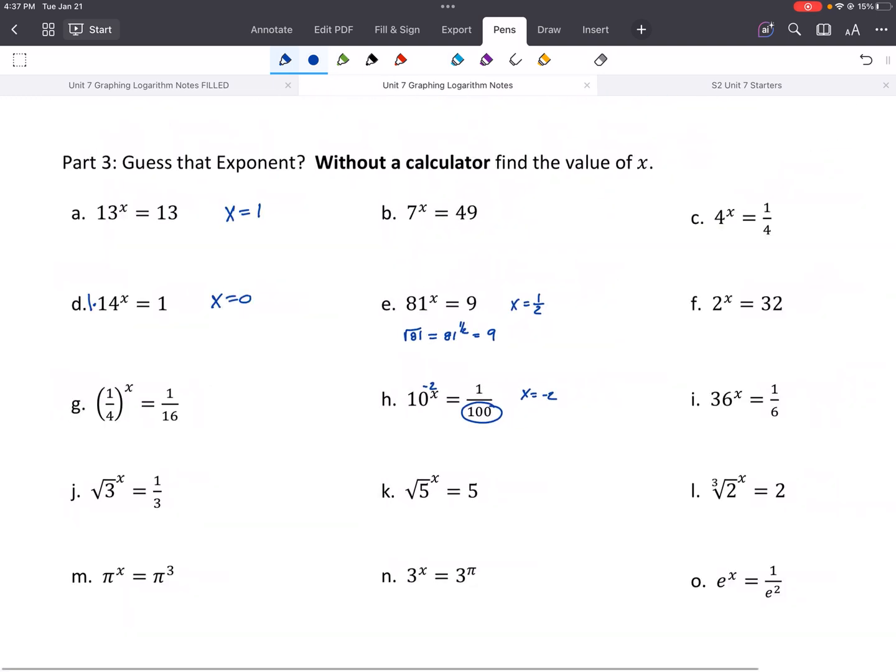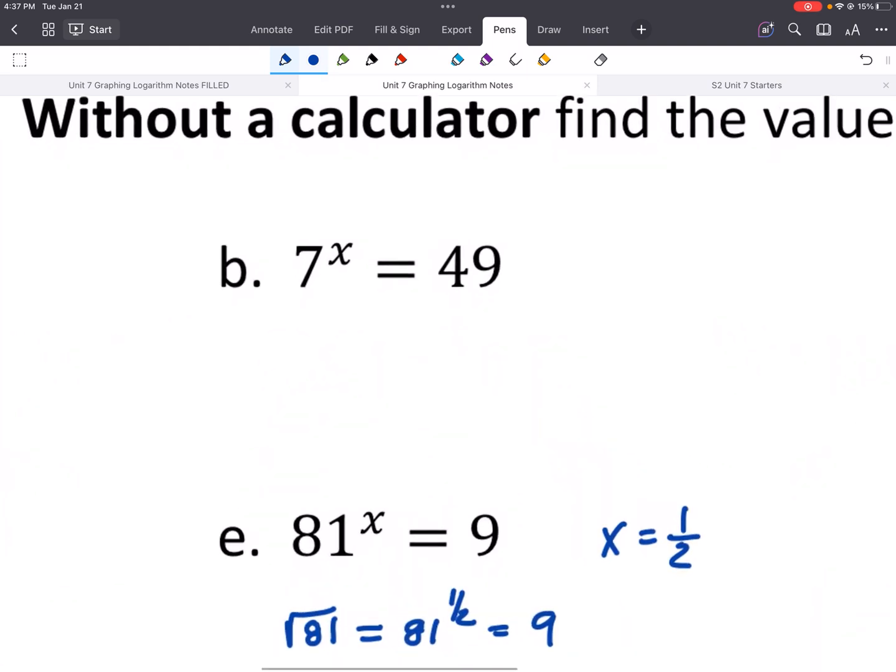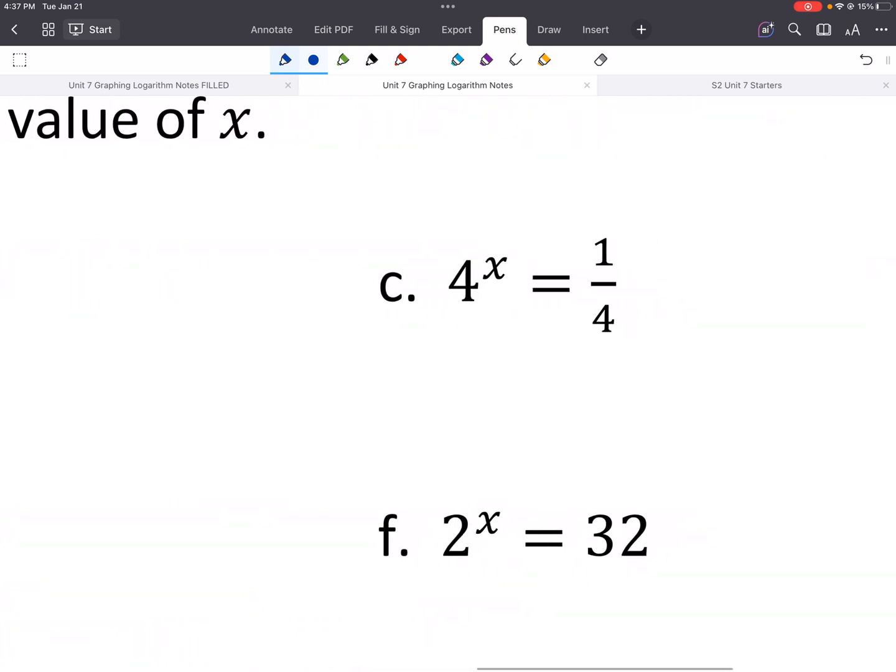Okay, so pause, try and do some of these others, and I'm going to go through these pretty quickly. All right, so this would have to be 2, because 7 squared is 49. This one, again, it's already 4, but we need to move it to the denominator, do its reciprocal, so that means x has to be -1.